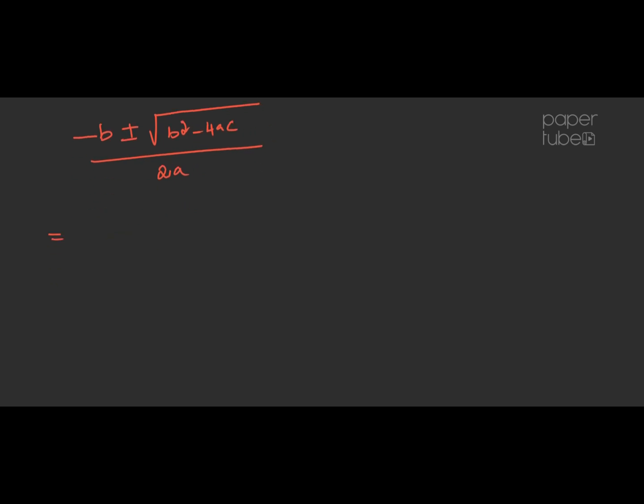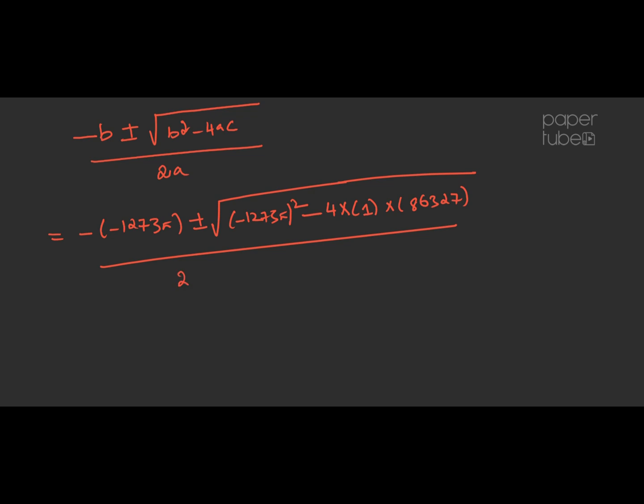So we have minus b, where b is minus 12735, plus or minus square root of b squared, which is minus 12735 raised to the power 2, minus 4 multiplied by a, which is just 1, multiplied by c, which is 86327. It's a positive quantity. So divided by 2a, a is again 1, so 2 multiplied by 1.